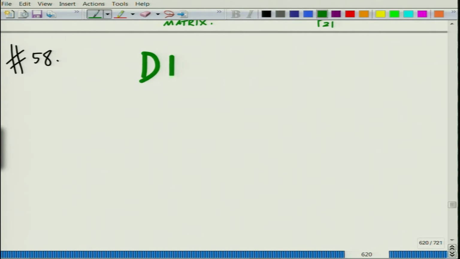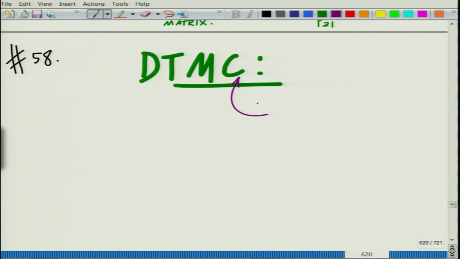So, basically we are looking at DTMCs, that is your discrete time Markov chains, not to forget. That is stochastic processes with the Markov property, right.